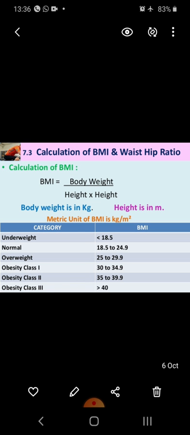Likewise, 30 to 34.9 is obesity 1, 35 to 39.9 is obesity 2, and more than 40 is obesity 3, type 3. So this is the calculation of BMI.